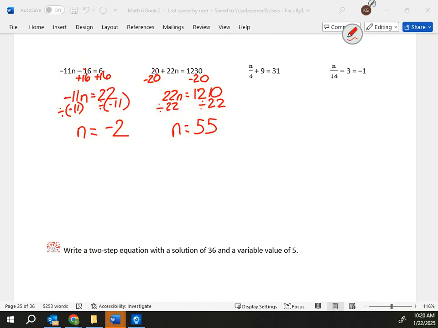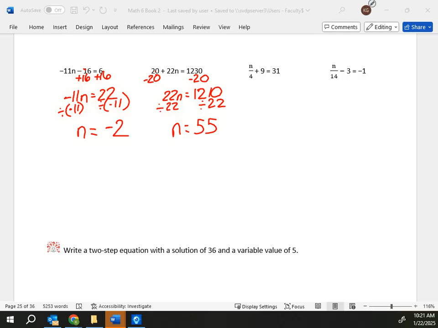You always do the number with no variable, add or subtract, doing that opposite operation. Then you take care of the number that's connected to the variable, multiplying or dividing, doing the opposite operation. Be careful of negative numbers. Okay? Remember those negative number rules. Any questions on the opposite operations?